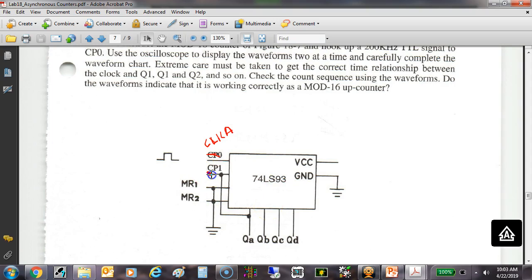I don't have anything connected right here. What I'm doing to make this thing work is taking the QA output and feeding it back around to the clock B input. This is not MR, this is reset 0. This will be reset 0, 1, and this is reset 0, 2, right?